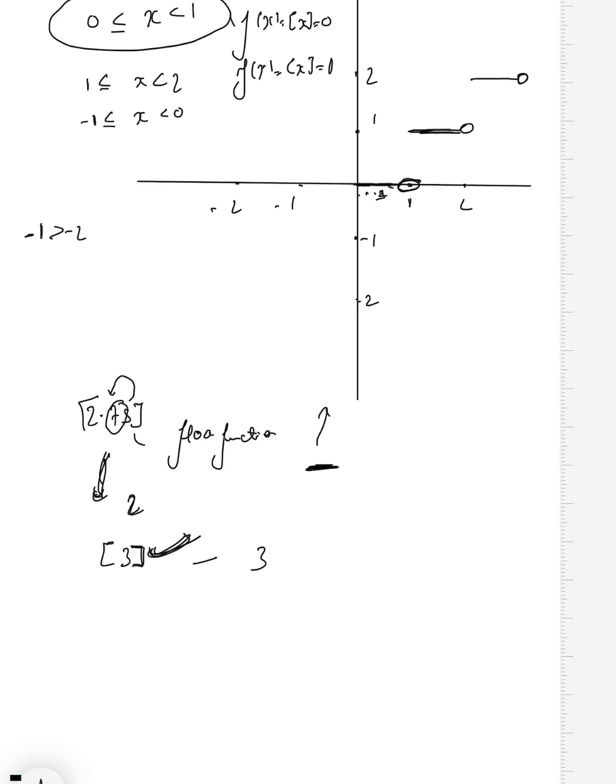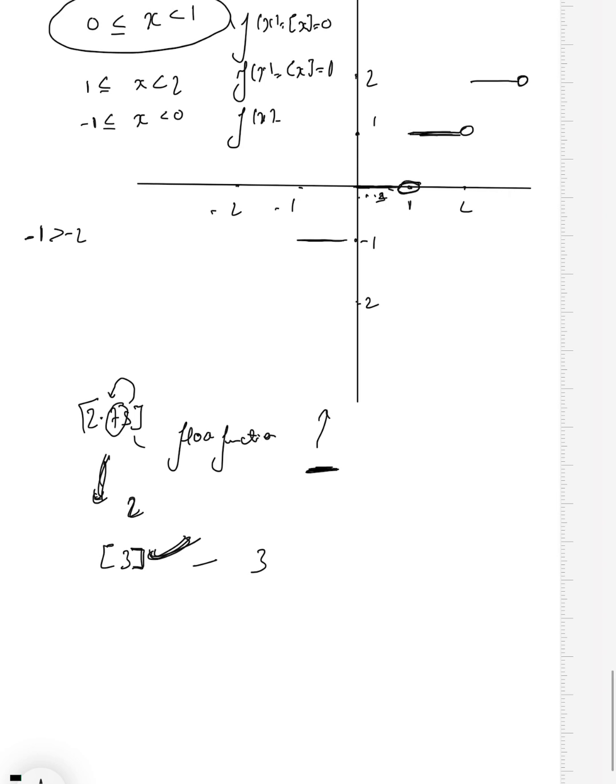If I put -1, we are going to get the greatest integer less than or equal to it. Can you tell me what that is? If I put -1 for x, what is that? Here -1. I think I made my point clear.